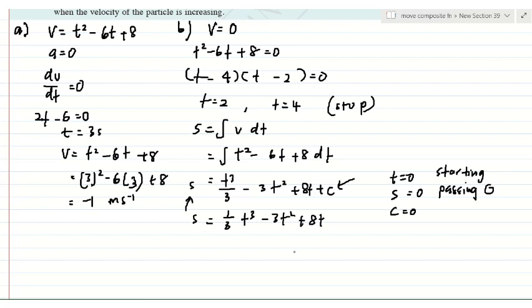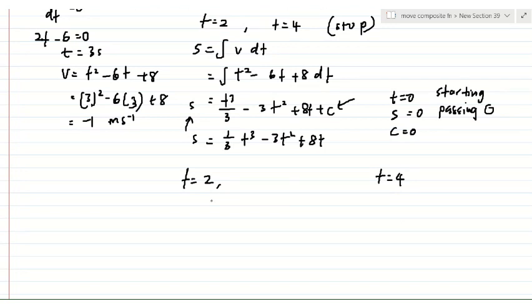Then to get the position of P and R, we substitute when t equal to 2 and when t equal to 4 seconds into the formula of displacement. s will be 1 over 3 2 cube minus 3 bracket 2 square plus 8 bracket 2.